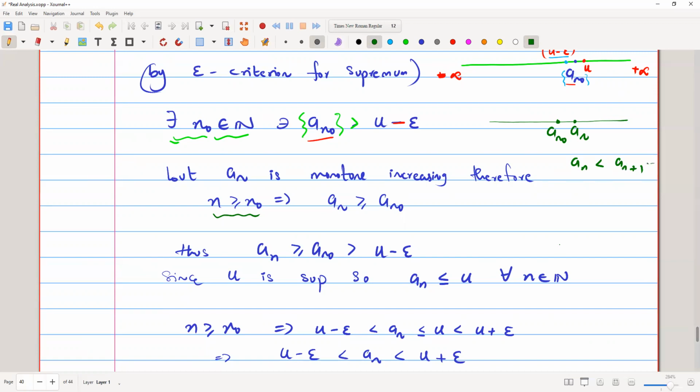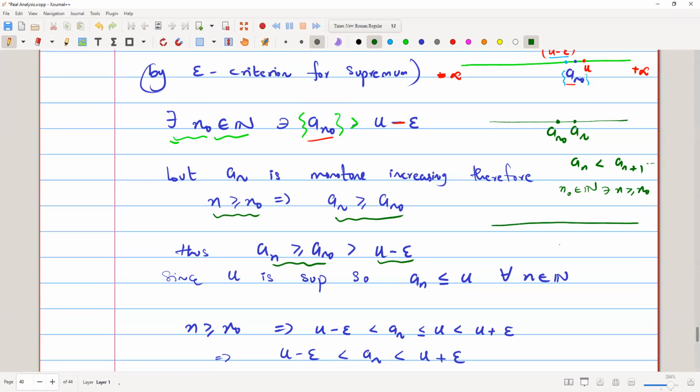In the definition of convergence, we say that for all n belonging to the naturals such that n is greater than or equal to n naught, n is some element after n naught. In the case of monotone increasing sequences, the successor element is always greater. So a n will be greater, thus a n is greater than or equal to a n naught, so it's also greater than u minus epsilon, right?